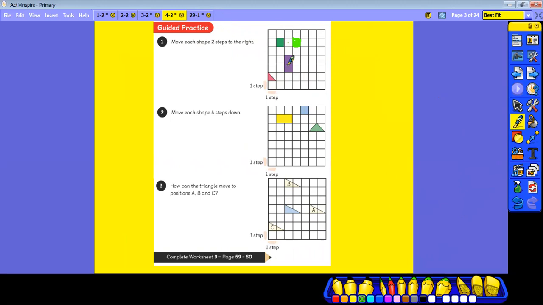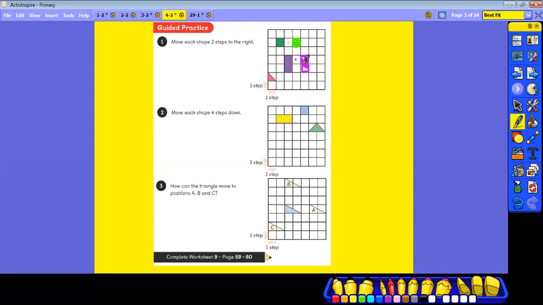And we've got to move this rectangle. Oh, I need purple. I do love purple. 2 steps to the right, 1 step, 2 steps. So where we land is where we colour. Oh, I'm sure your colouring in is going to be much better. I'm going to start again, and I'm going to choose a thinner purple pencil so that I make it nearly as good as yours is going to be.